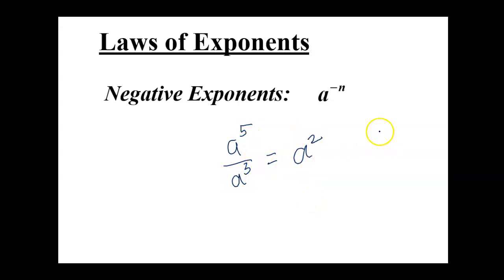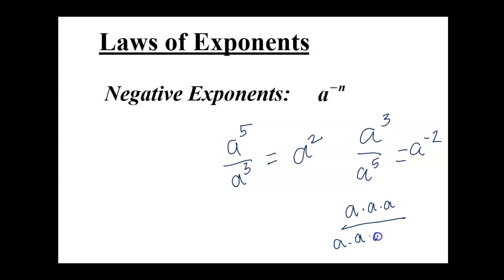If I were to flip that over and I had a to the 3rd over a to the 5th, then when I take my top exponent and subtract the bottom exponent, I'm going to get a negative number. It's going to be a to the negative 2 power. So we can see that what that means is that I had 3 a's on the top, and on the bottom, I would have 5.